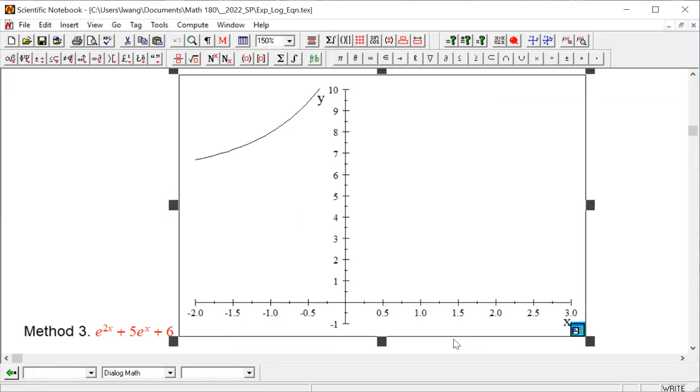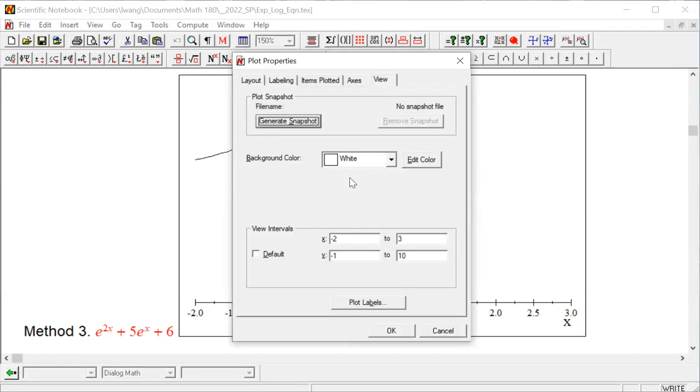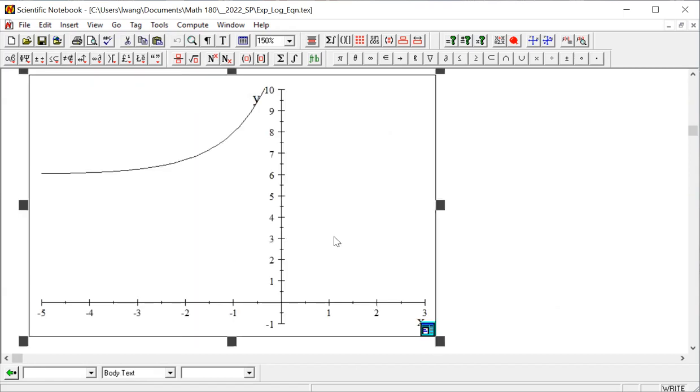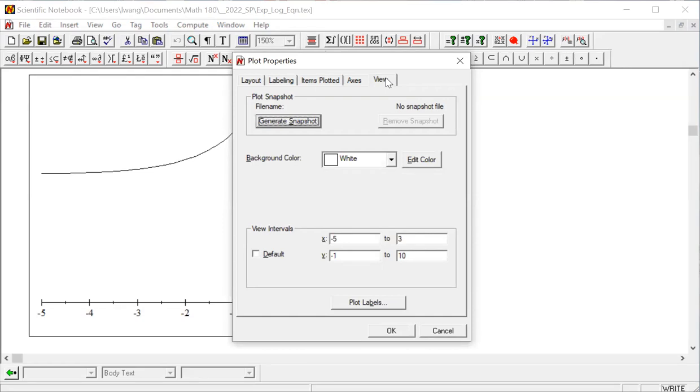Way above the x-axis, okay? You can zoom in and out if you're using a calculator, but one thing is certain, the curve is way above the x-axis.